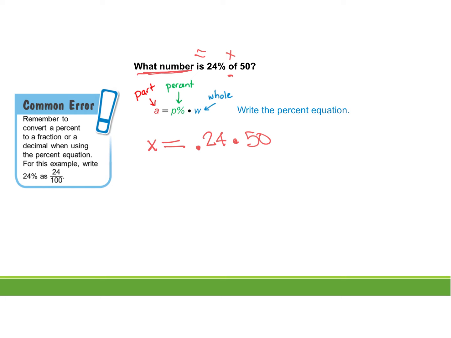So what number is X? Is equal. 24% has to be written as a decimal. Of means multiply, and 50 is going to follow the multiplication. So now if I go ahead and multiply this out, I get X is equal to 12. So 12 is 24% of 50.